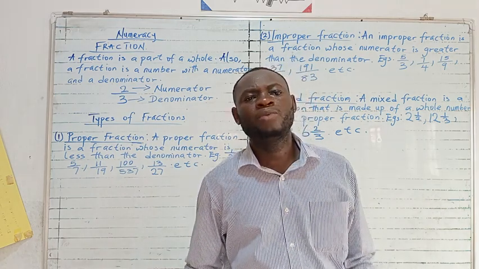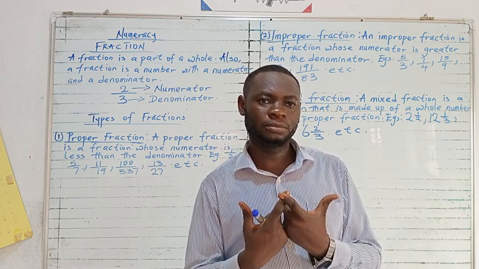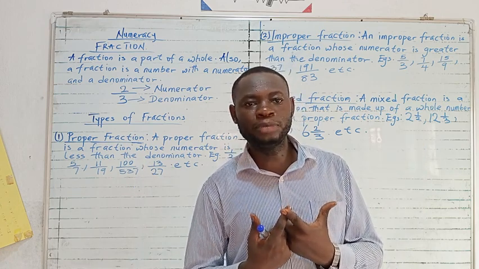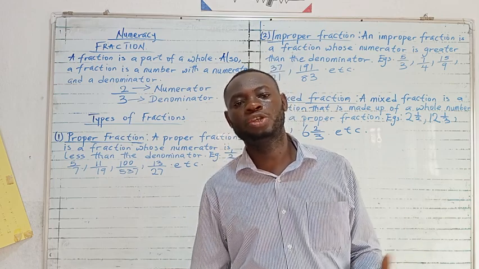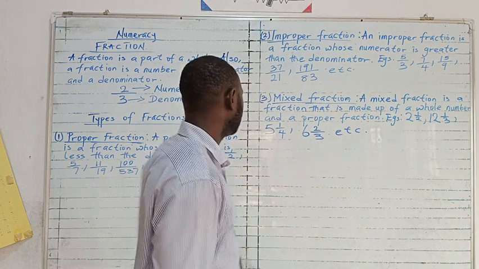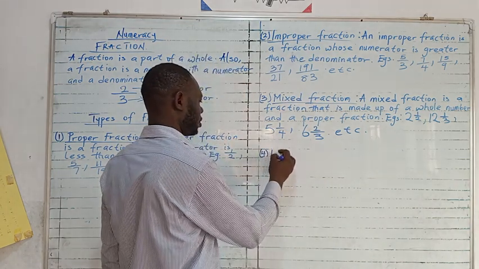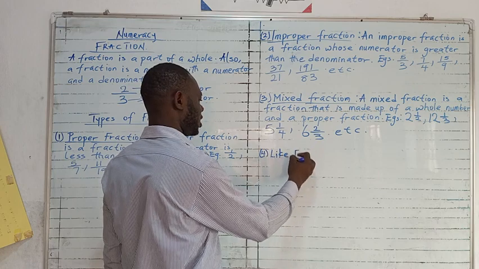So we say that when we are comparing two fractions together, they can become like fractions or unlike fractions. So let's look at like fractions, number 4.